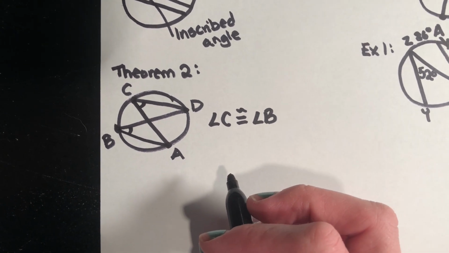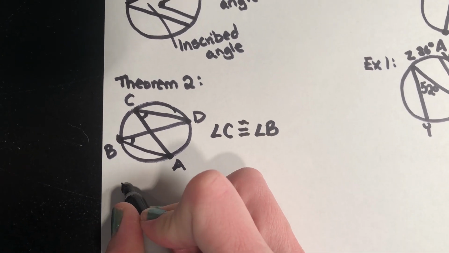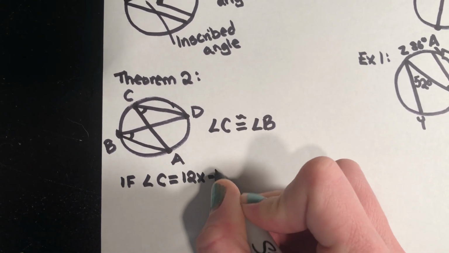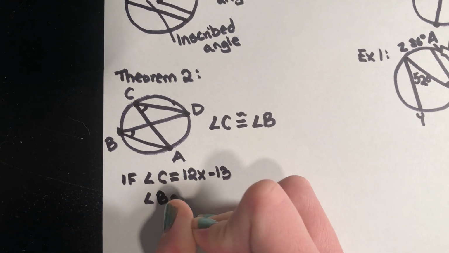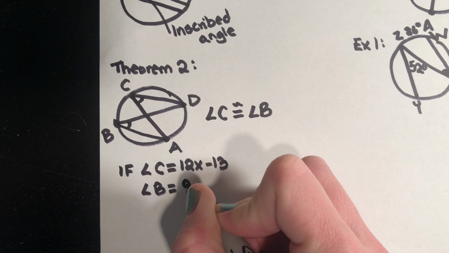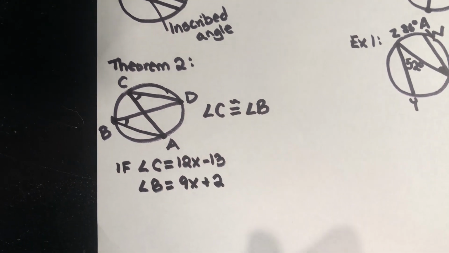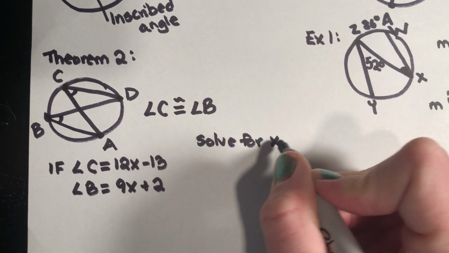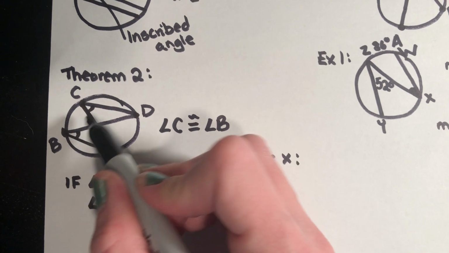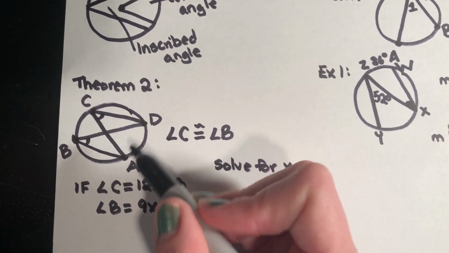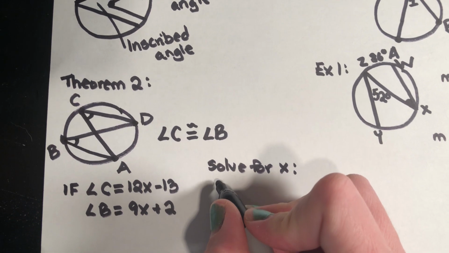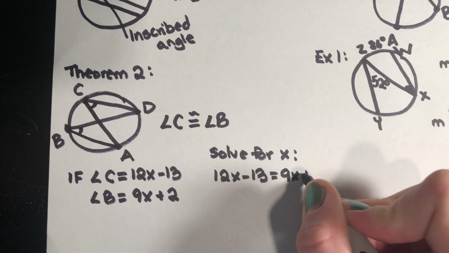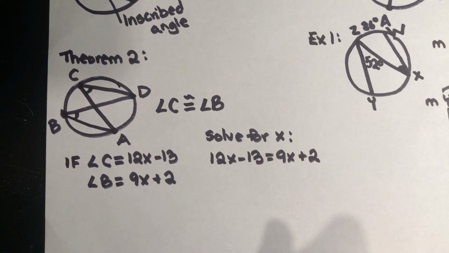Let's say, for example, angle C is equal to 12x minus 13 and angle B is equal to 9x plus 2, and I said solve for x. Because these two intercept the same arc, we can set them equal to each other. We would set 12x minus 13 equal to 9x plus 2, and solve from there.